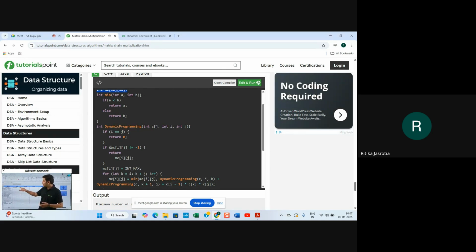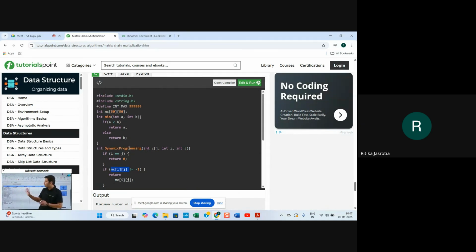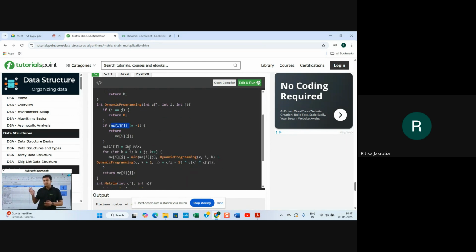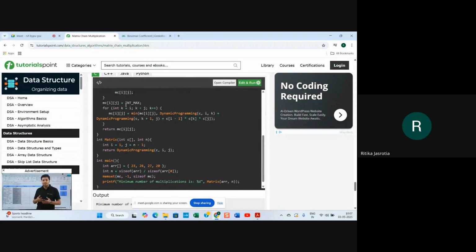So the value at mc[i][j], whatever values of i and j are passed to the parameters of this function, if it is not equal to -1, then you return that mc[i][j] value. Then mc[i][j] will be equal to int max, the maximum.